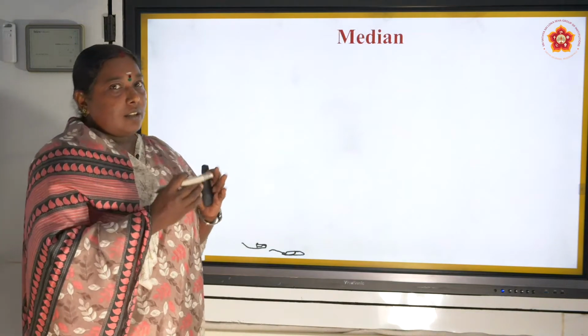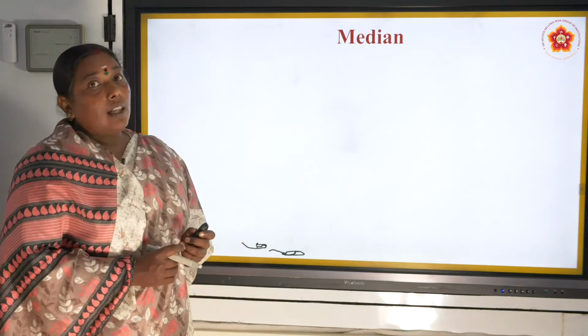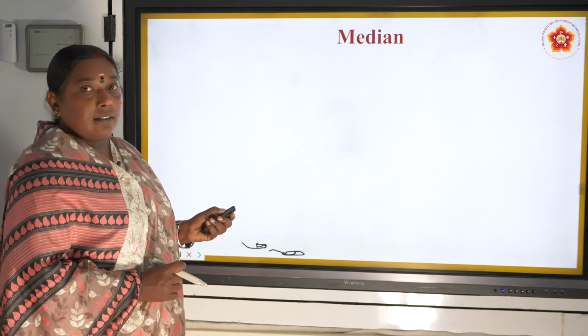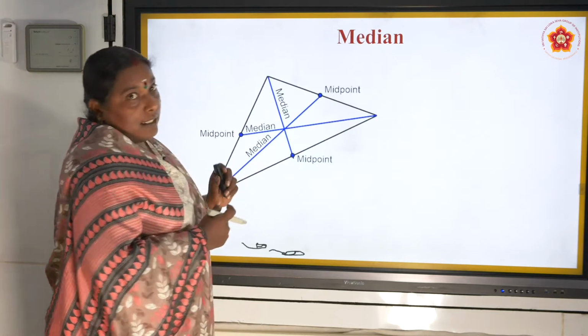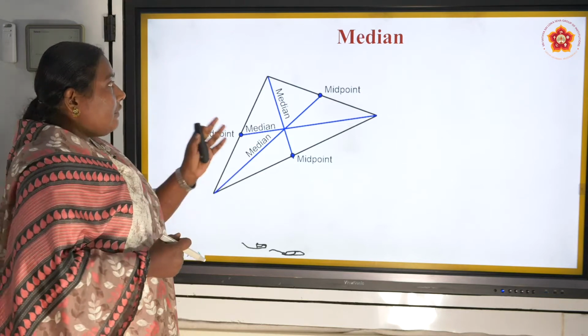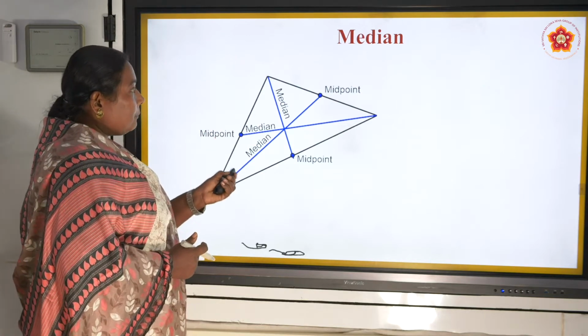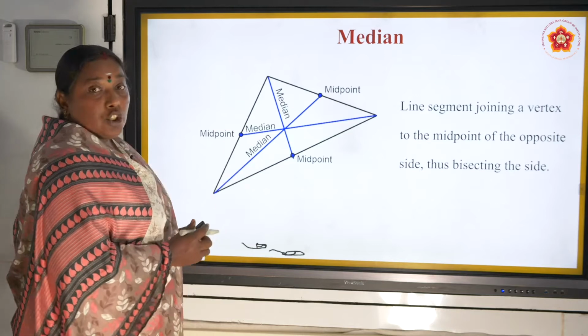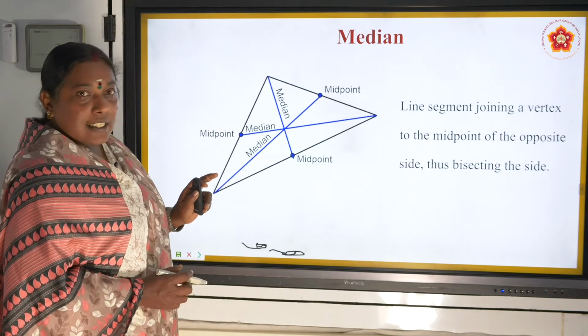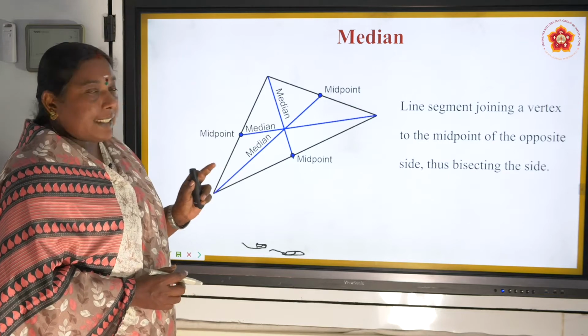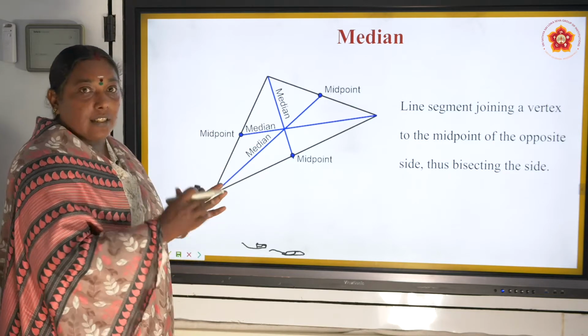After this introduction, a new word we are going to learn is median. With median, we will come to the solvables. First, let us see what a median is. Line segment joining a vertex to the midpoint of the opposite side, thus bisecting the side. Oh my god, I don't understand. What is this?